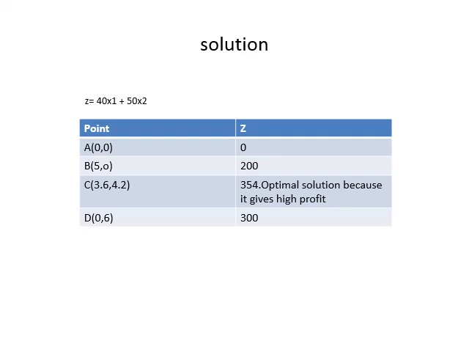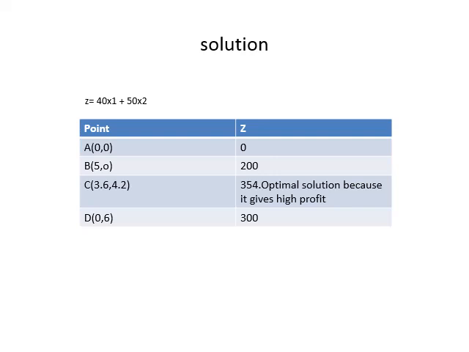So at point C, x1 equals 3.6 and x2 equals 4.2. Let's substitute by multiplying 40 by 3.6 plus 50 by 4.2, and we will get $354.